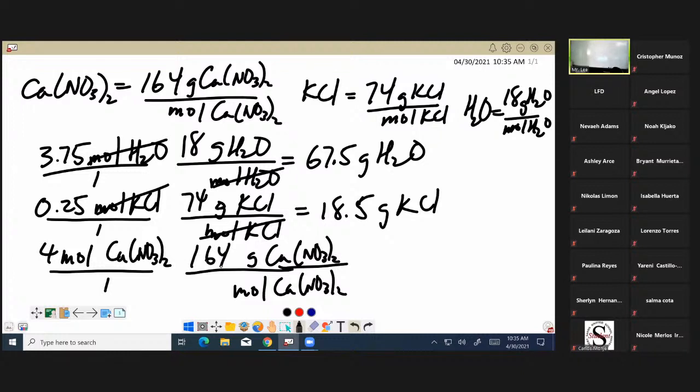Moles cancel out, you're left with grams. So 4 times 164 is 656 grams of calcium nitrate. Okay, so those are the first 3 answers for that problem set number 7.